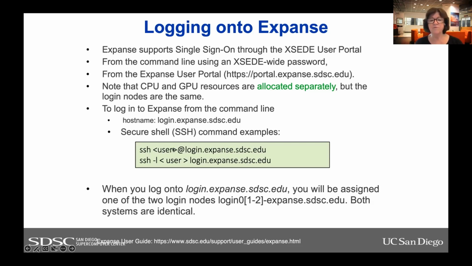The command is ssh your username at login.expanse.sdsc.edu, or ssh -l your username login.expanse.sdsc.edu. And if you're lucky and your username on Expanse happens to be your username on your laptop, you can skip this part right here. When you log on, you'll be assigned to one of two login nodes, Login 1 and Login 2. They both reach the same data, your same file system, but it's just load balancing.